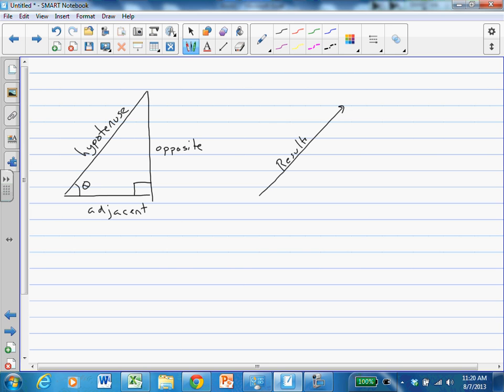We have components of that resultant vector, Rx and Ry, and that's theta.